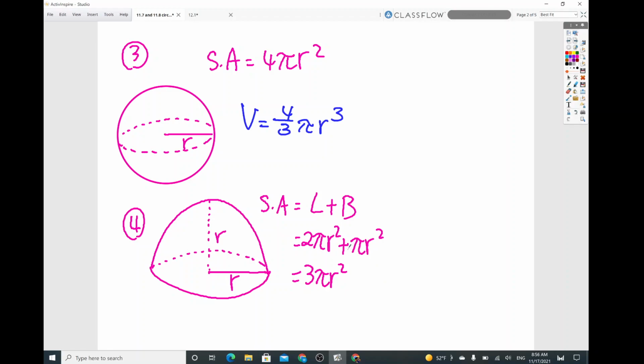Once you combine them, it's 3 pi r squared. The volume of the hemisphere is 1/2 times 4/3 pi r cubed. 2 goes into 4 twice, so the volume of the hemisphere is 2/3 pi r cubed.